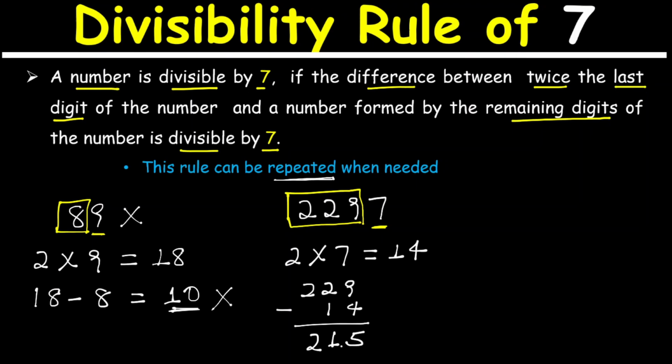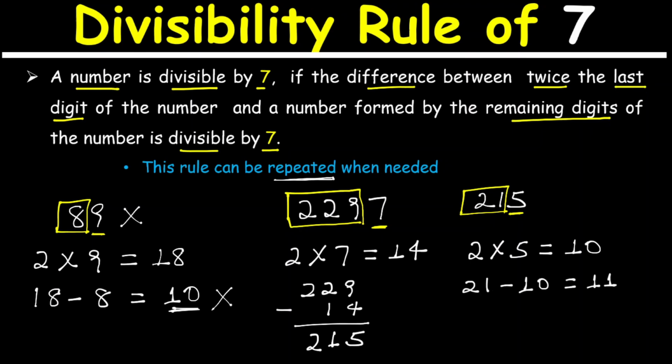Let's repeat the same rule on 215. The last digit of 215 is 5, and the number formed by the remaining digits is 21. Twice of the last digit is 2 multiplied by 5, which is equal to 10. Now let's calculate the difference. 21 minus 10 equals 11.